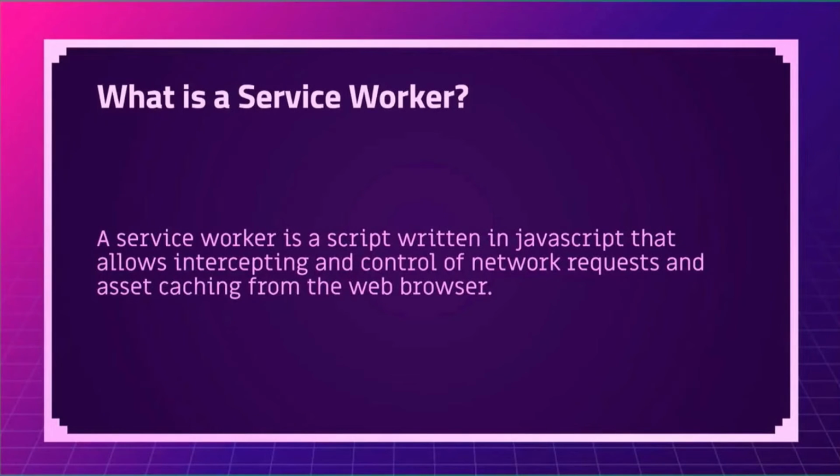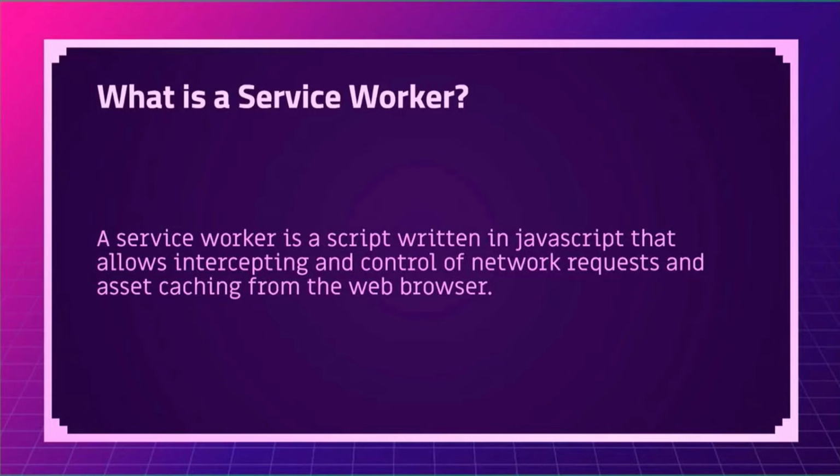So what is a service worker? A service worker is a script written in JavaScript that will allow you to intercept and control the network requests. Then you can set and use a nice caching strategy from the web browser. Basically, you're going to add offline capability and you can use caching as well.